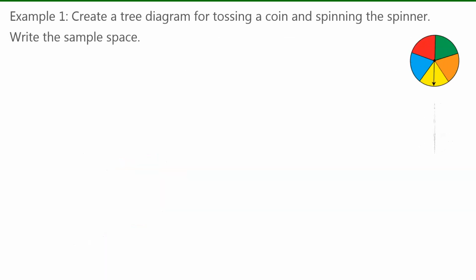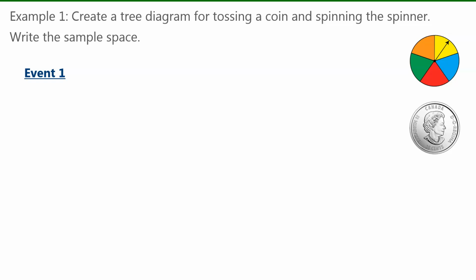Example 1. Create a tree diagram for tossing a coin and spinning the spinner. Write the sample space. So event number 1 will be my coin, and I could get heads on my coin, or I could get tails. And then I list event number 2, which will be my spinner. And then from each outcome on my coin, I would list all the possibilities on my spinner.